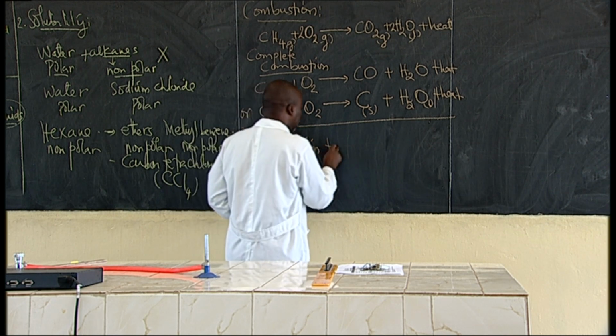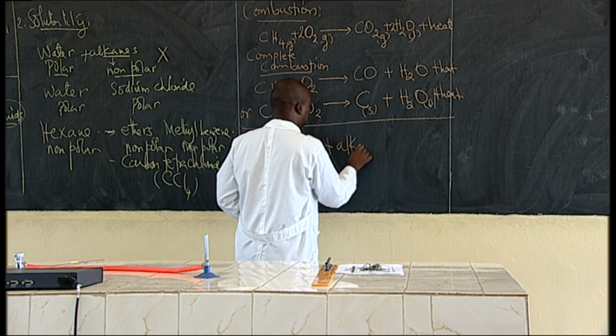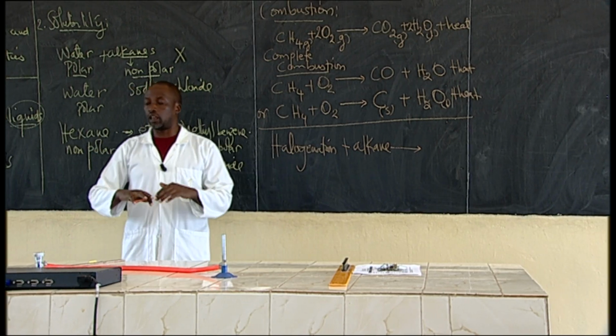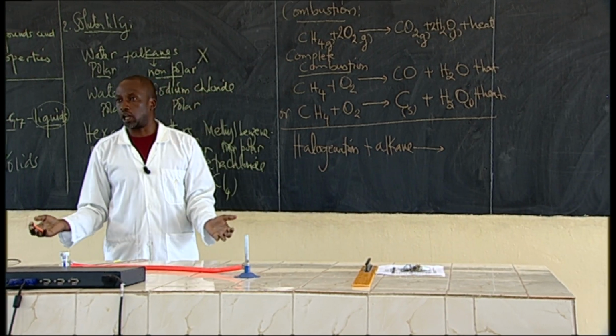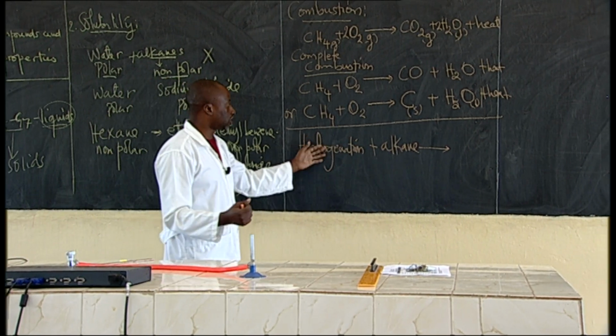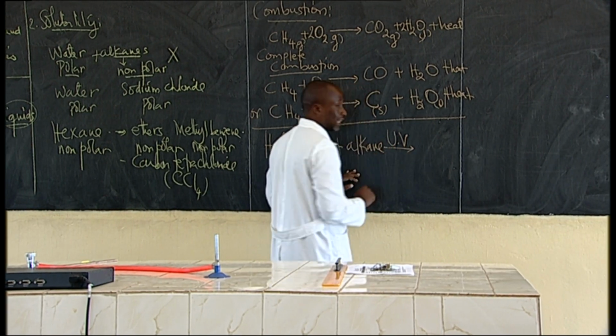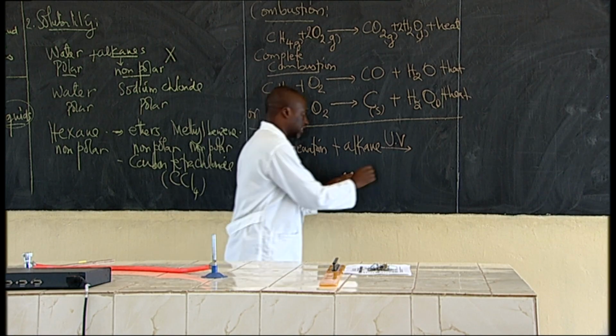So halogenation, reacting with an alkane, doesn't take place at room temperature, as we have mentioned. This reaction takes place in the presence of ultraviolet light or in the presence of heat.